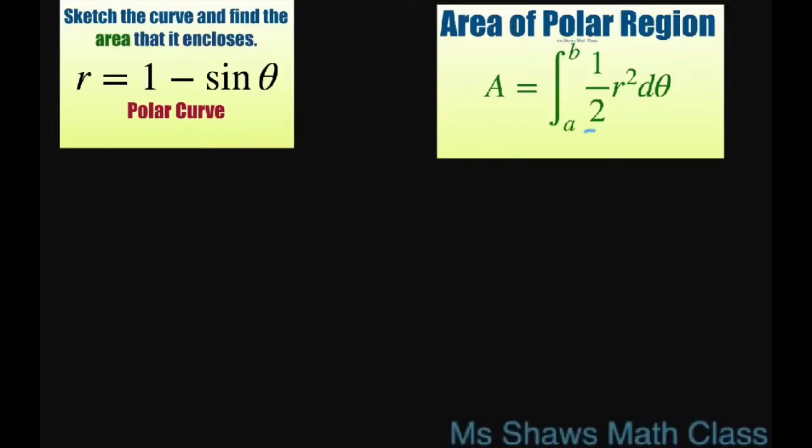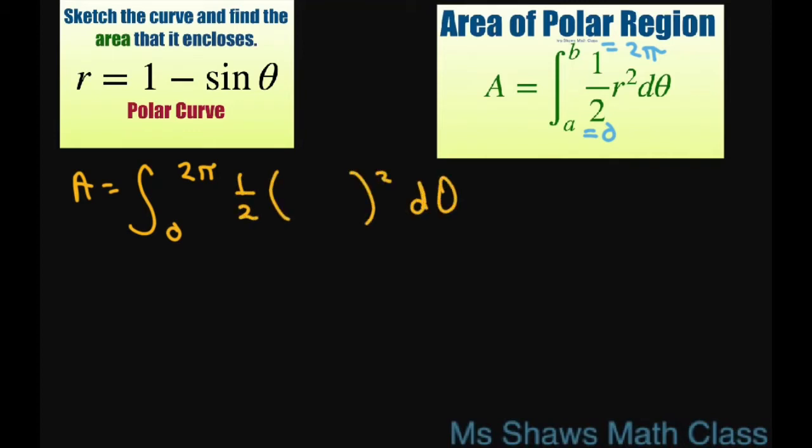Our a is going to equal 0 and our b is going to equal 2 pi. And we can integrate it as the area equals the integral from 0 to 2 pi of 1/2 r squared d theta. My r is 1 minus sine of theta.